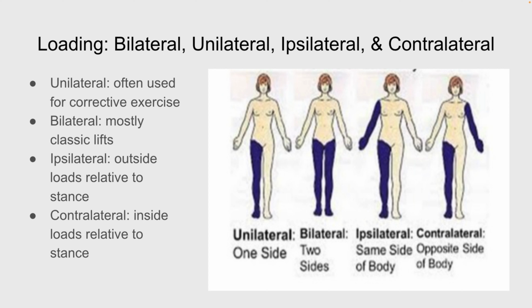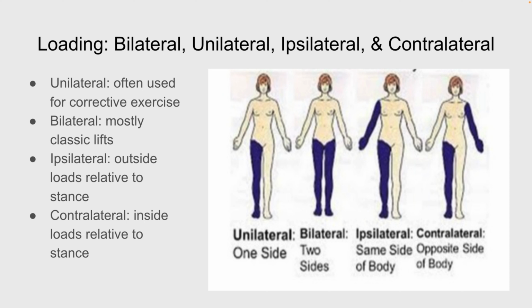So ipsilateral, this is outside loads relative to the stance. You can see, it's interesting because they don't include the core in these images, but the core is definitely a part of it. So from the perspective of myofascial slings, ipsilateral loading is all about affecting either the superficial anterior posterior single side or the lateral line on that side.